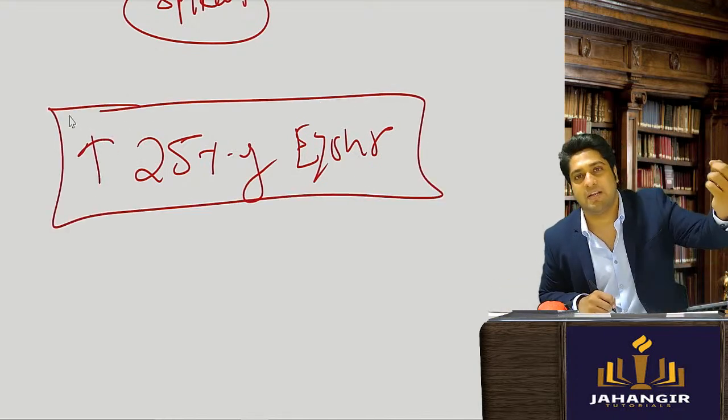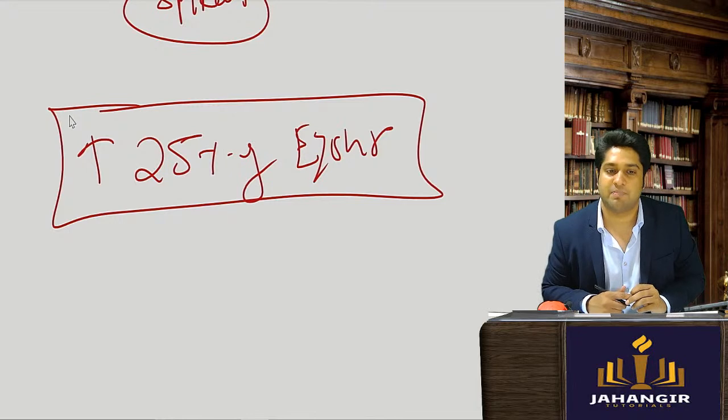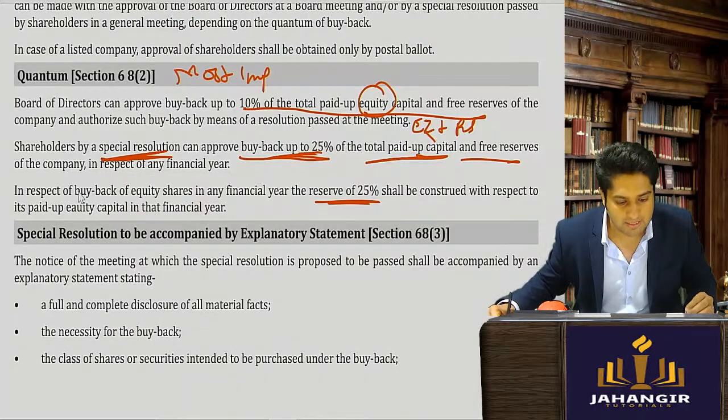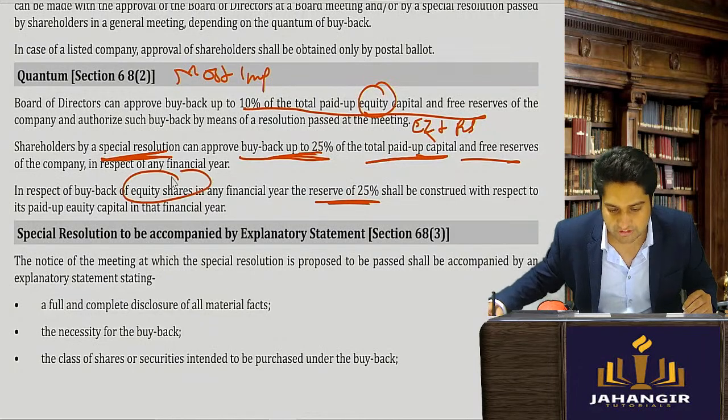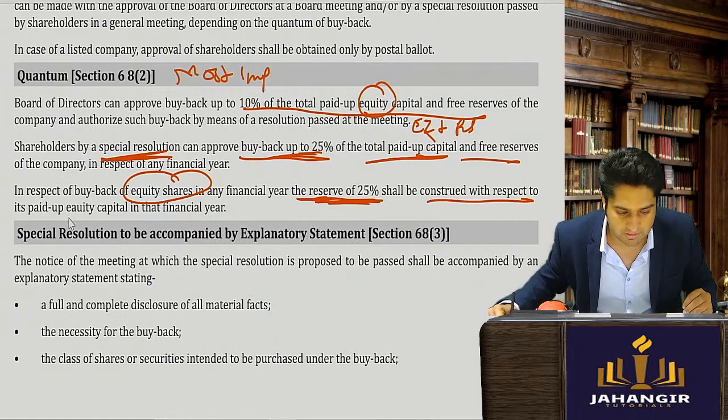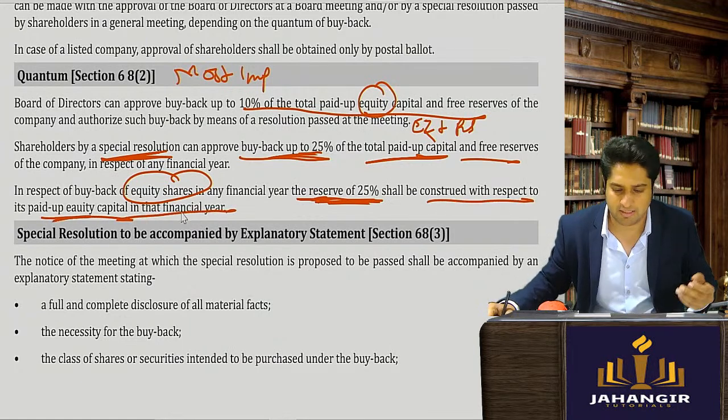So the first limit is 10%, second limit is 25%, third is what they are saying is, in respect of buyback of equity shares, the reserve of 25% shall be construed with respect to paid up equity capital in that financial year.